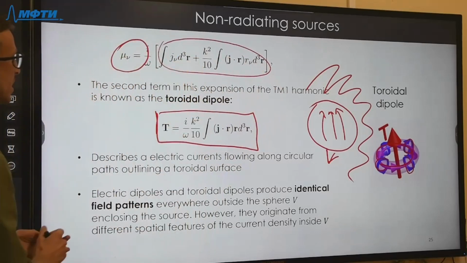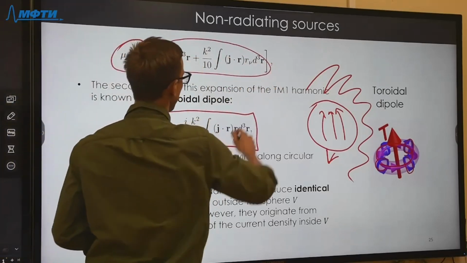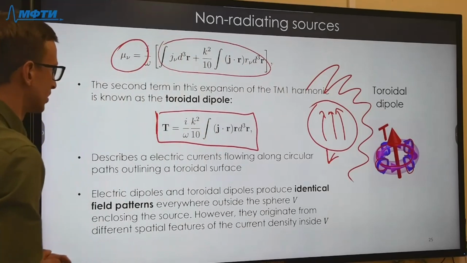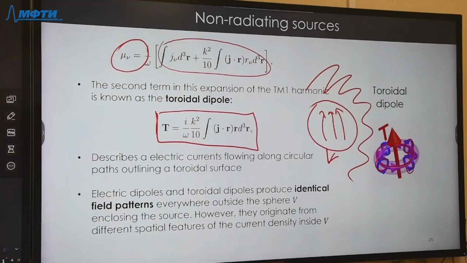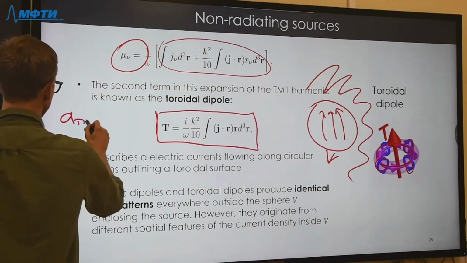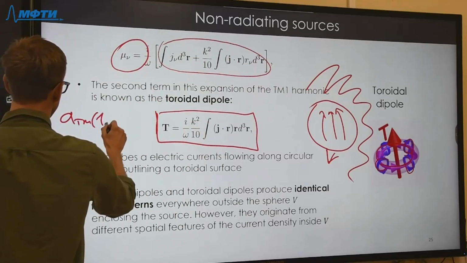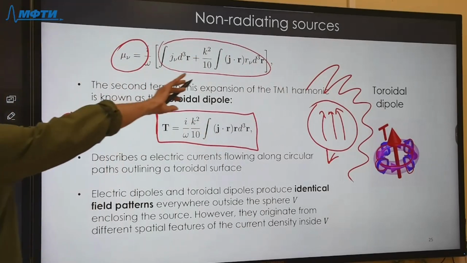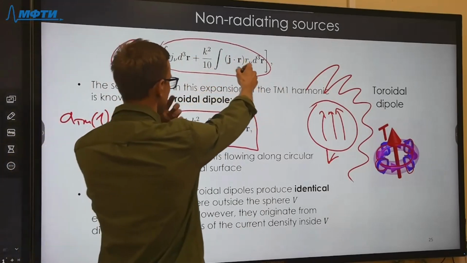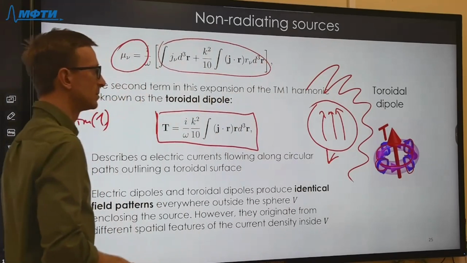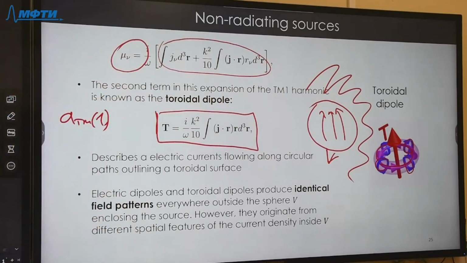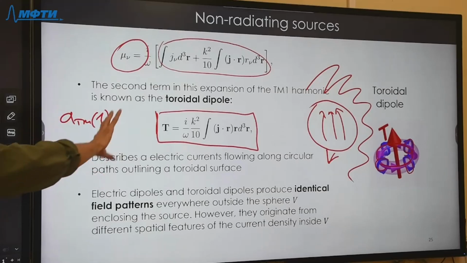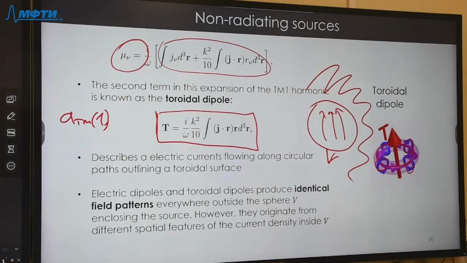And of course, these are just the two lowest order terms from the full expansion of the a_{1m} harmonic. There are other terms, higher order terms that contain higher powers of R, but we're not going to cover them, that also produce identical fields outside the source region, but originate from completely different structures of current.